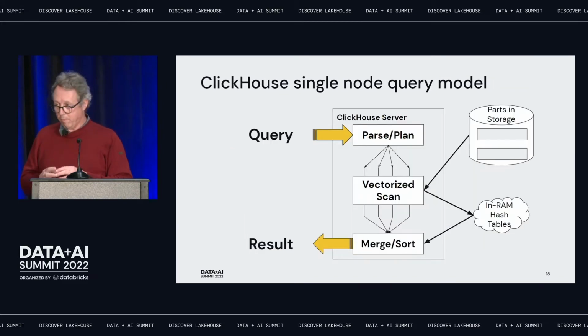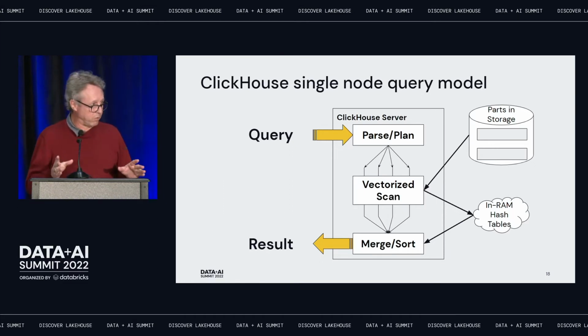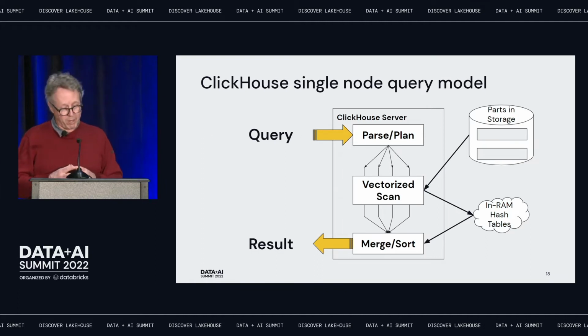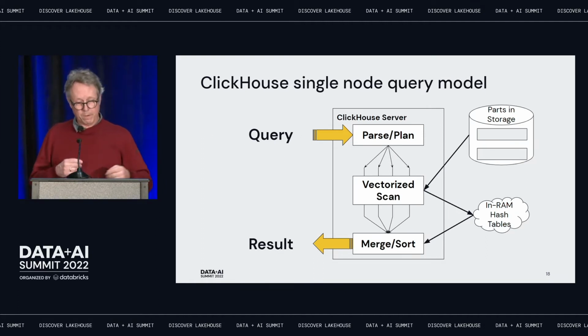So speaking of performance, I just want to touch on one final area of the initial optimizations, and that's to look a little bit more closely at the query model. So you have a query which arrives in the server, gets promptly turned over to the parser, we make a syntax tree out of that, we turn it over to the planner, we figure out how to actually execute that, and then we fire up some number of threads.